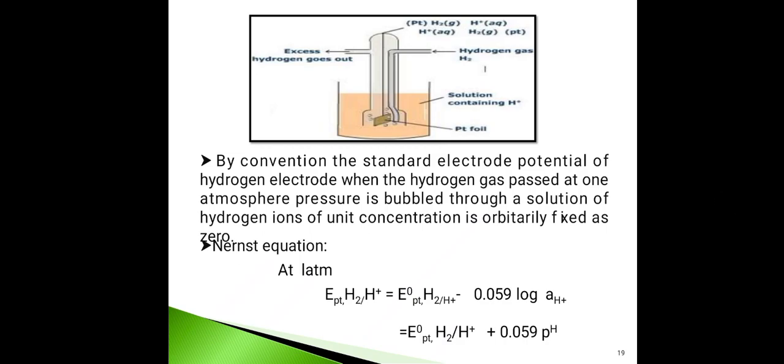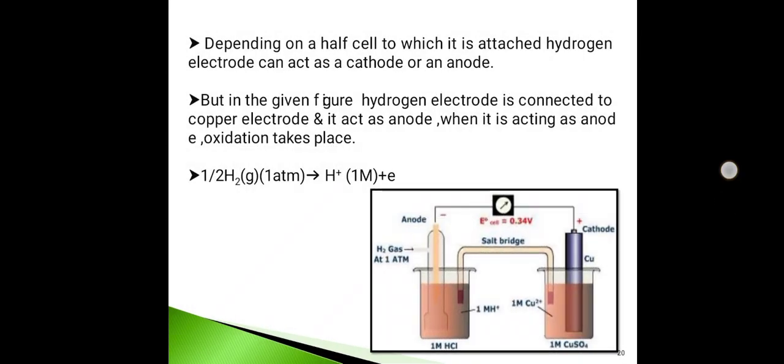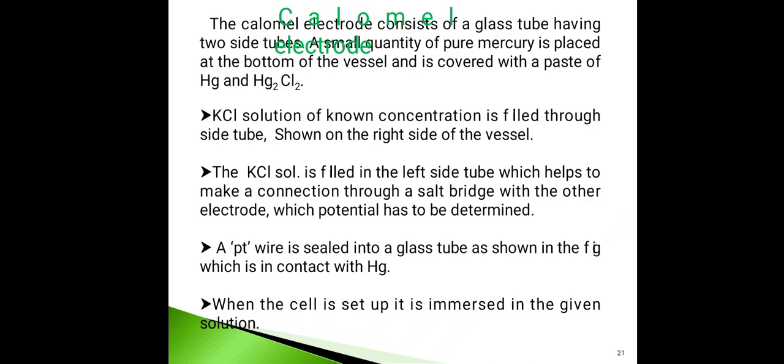Okay, next we will move on to the very important calomel electrode, which is a secondary reference electrode. The calomel electrode consists of a glass tube having a side tube, and a small quantity of pure mercury is placed at the bottom of the vessel.